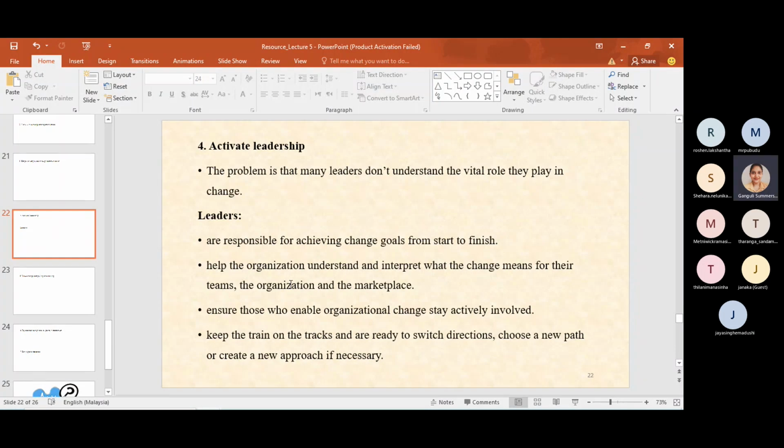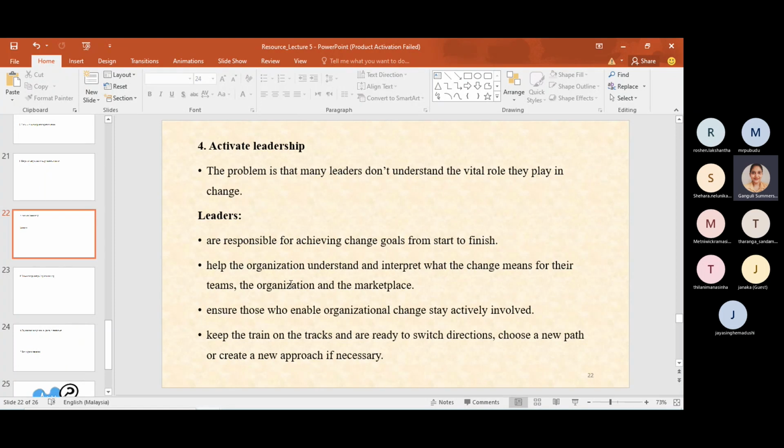As an active leader, when you talk to your employees about the change, you should not talk only about the advantages, you should talk about the darker side of it as well. When you implement a certain change, there can be lots of advantages and there can be a few disadvantages or risks as well. These risks should be communicated to the employees as well. You should be transparent and communicate these risks to your employees.